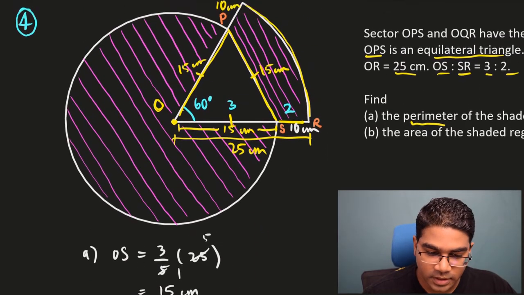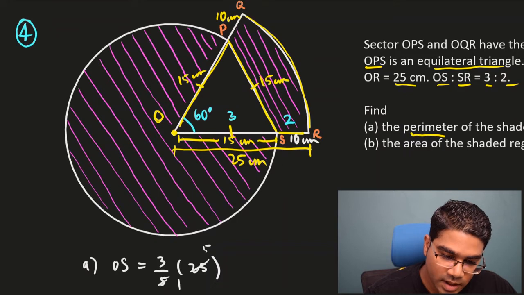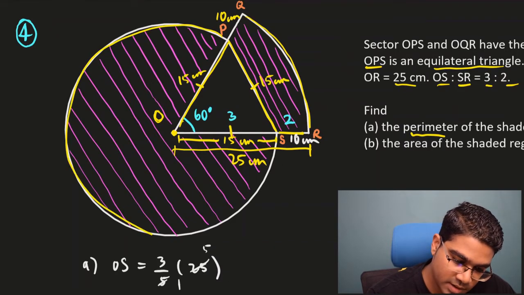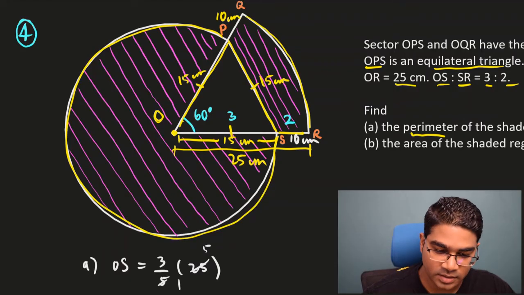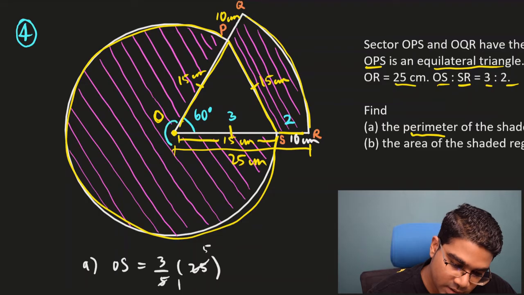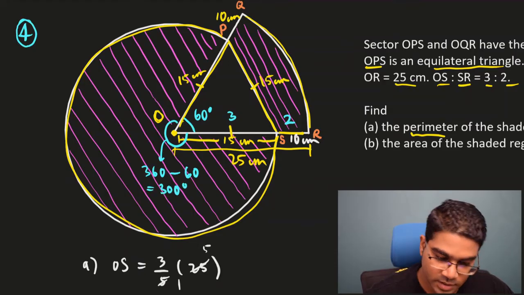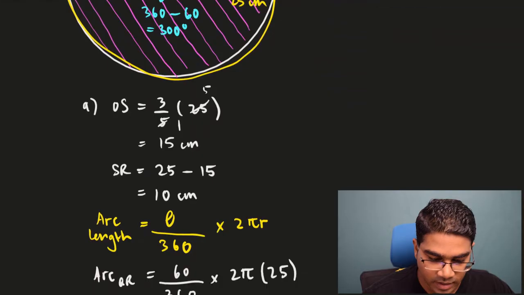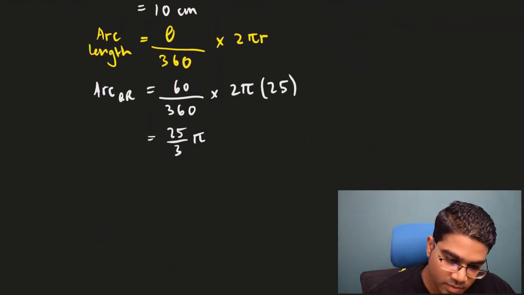So now we have arc QR. The final thing that we need to find is arc PS, this major arc here. What is the angle of this sector? This angle is simply 360 minus 60, which is 300 degrees. Once we have this angle, we can use the same formula.